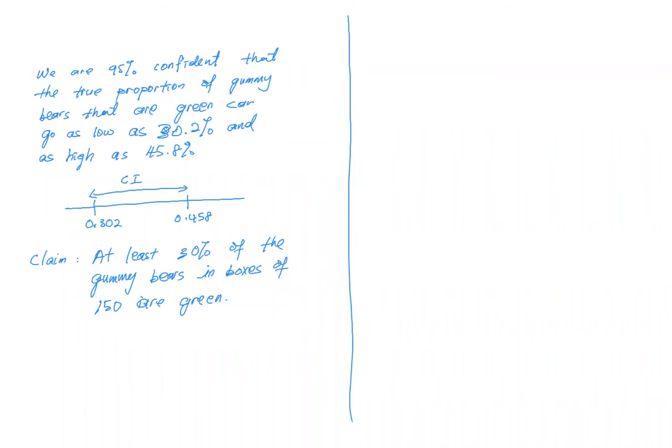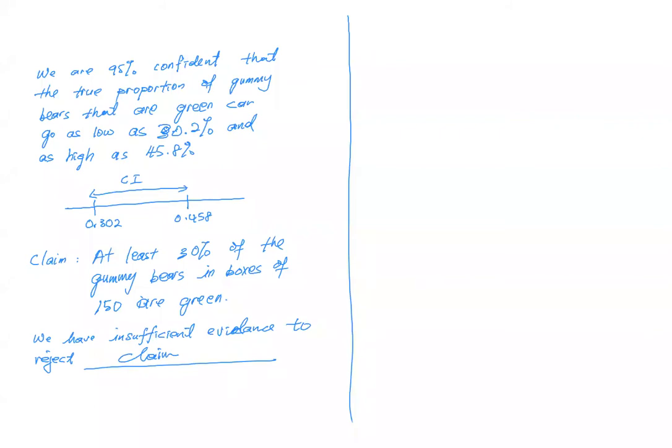Insufficient evidence to reject. You write down the claim. That means you don't reject the claim.